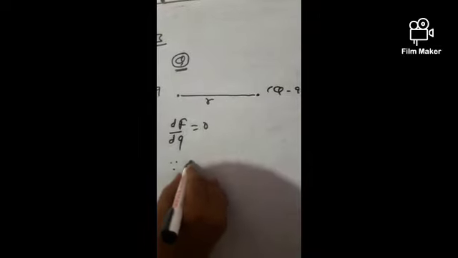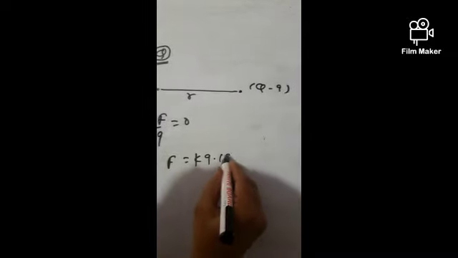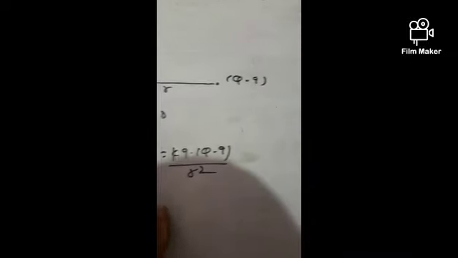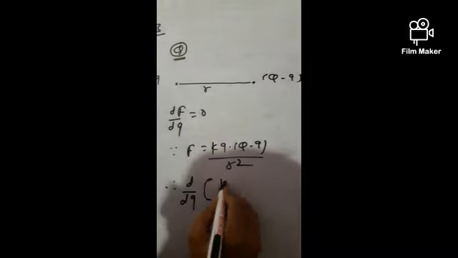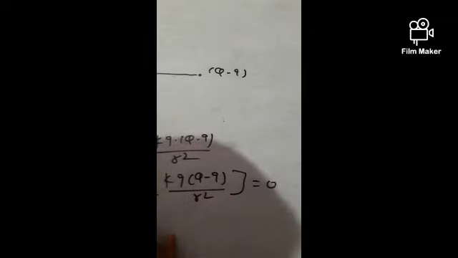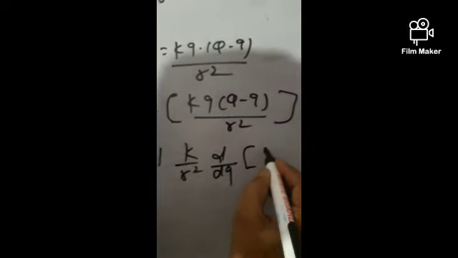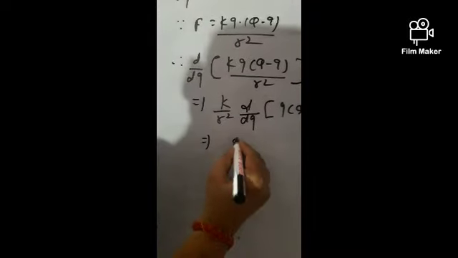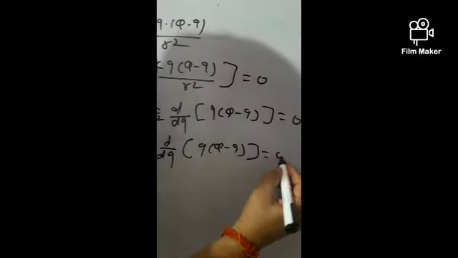Since by Coulomb's law F equal to constant small q, capital Q minus small q upon r square. Therefore, d upon dq of constant q, capital Q minus small q upon r square is equal to 0. That implies constant upon r square d upon dq, q capital Q minus small q is equal to 0. That means d upon dq, q capital Q minus small q is equal to 0.